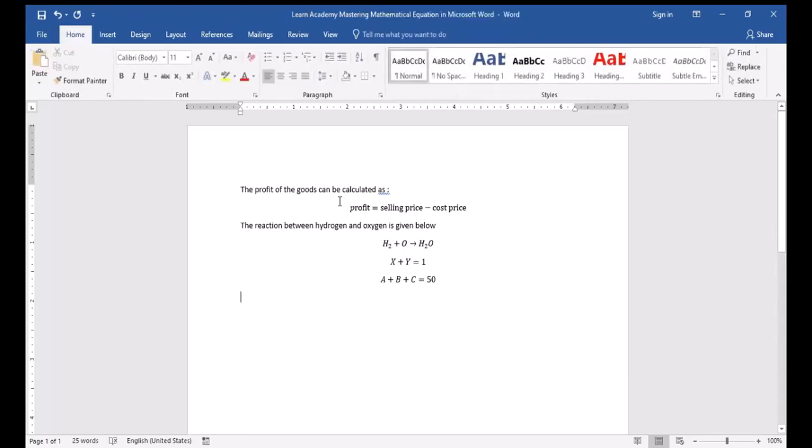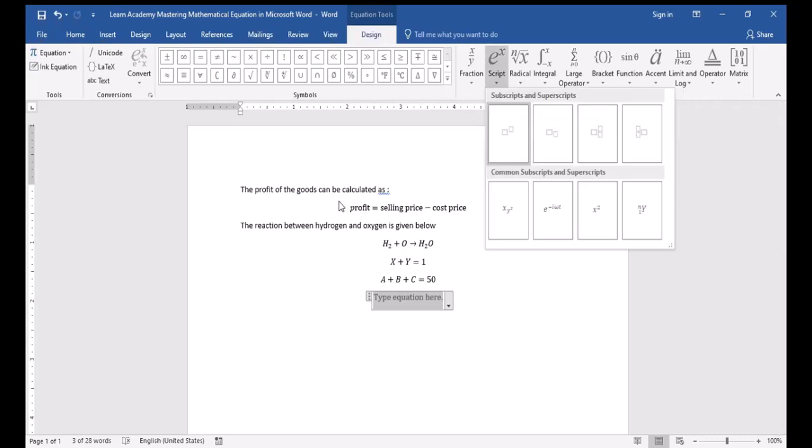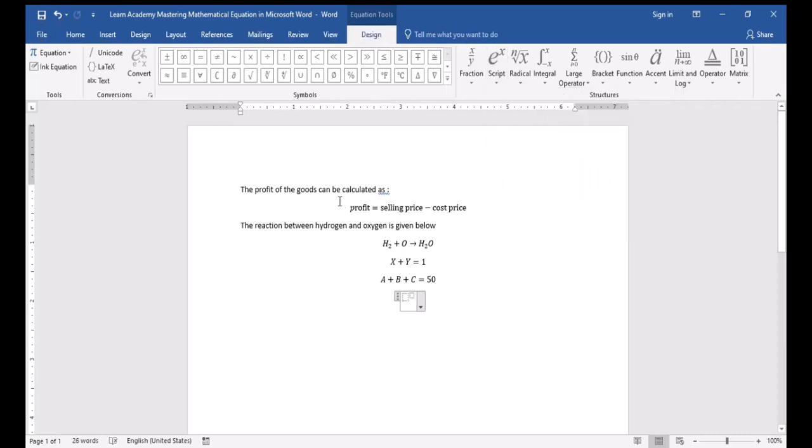Sorry. So Alt N, E, I. I want to type in x squared plus y squared equals 1. So that means I need superscript first. So I press my Alt key, then I follow it by J, E, then s, then I press enter. So this is my superscript.